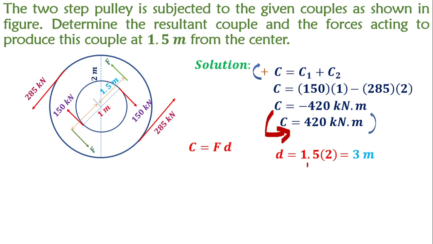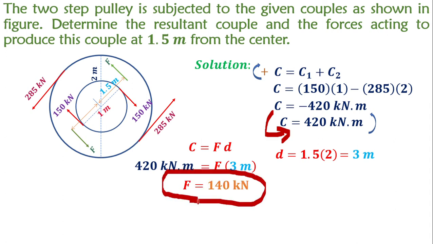Di ba remember, you have to get the separation or perpendicular distance ng dalawang couple. Couple mismo yan. Yung couple mismo. So, we have here, so yung couple natin is 420 kilonewton meters. So, we have force of 3 meters. So, makikita natin that our force is 140 kilonewton.